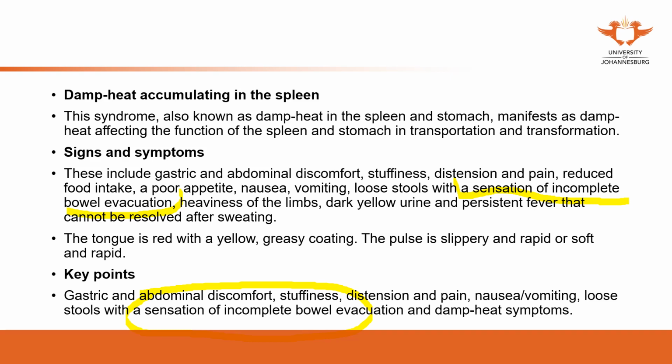So the patient presents with distending abdomen, poor appetite, fever, heaviness of the body, the sensation of incomplete bowel evacuation, plus damp heat symptoms, the symptoms of dampness and heat. So that's how to identify this syndrome.